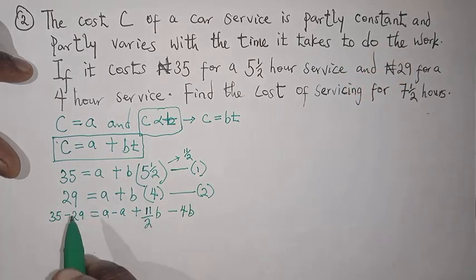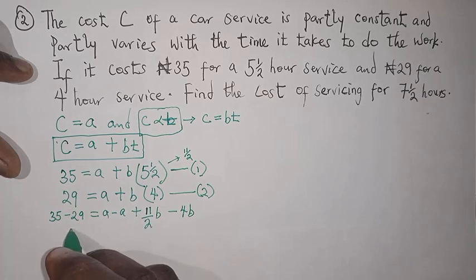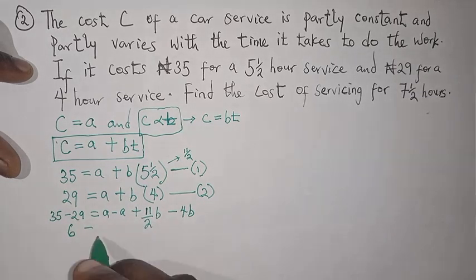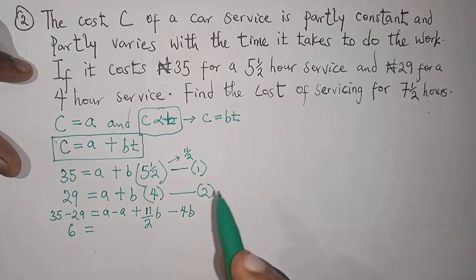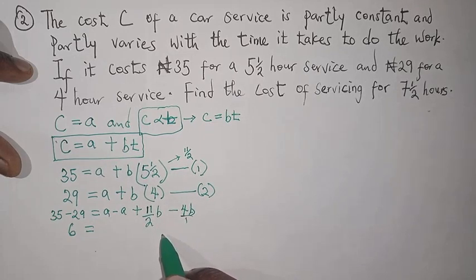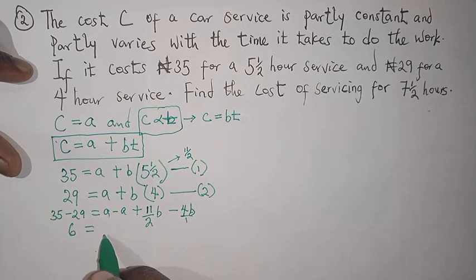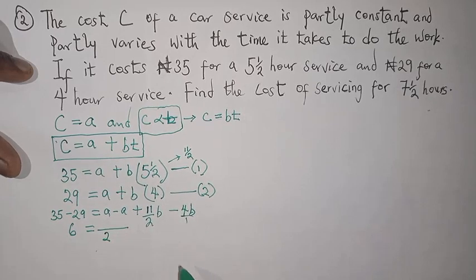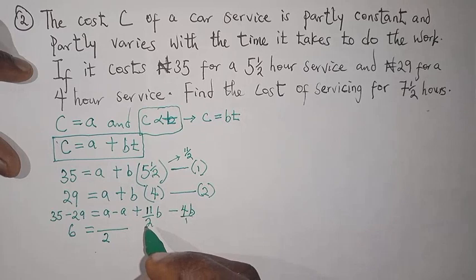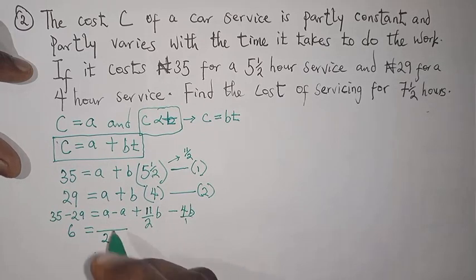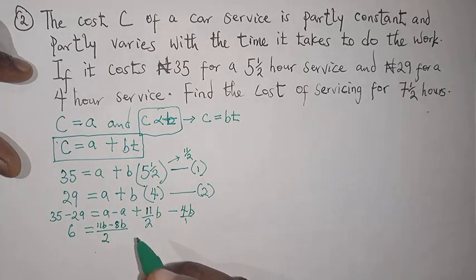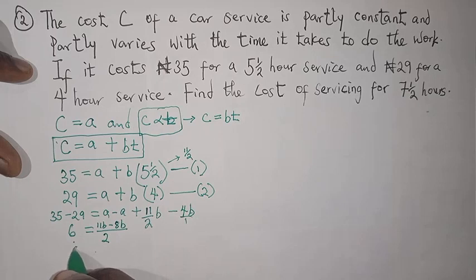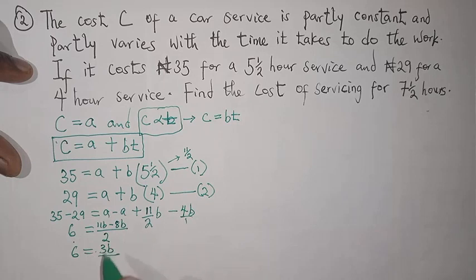So let's work it out. 35 minus 29 simply is going to give me 6, while A minus A, they cancel out. 11B over 2 minus 4B is 11B minus 8B over 2. So this is 6 equals 3B over 2.